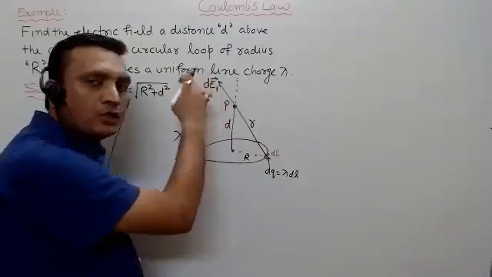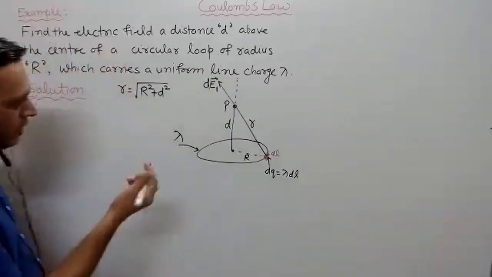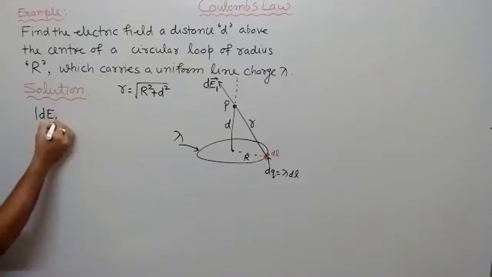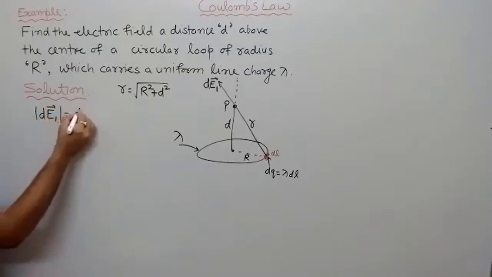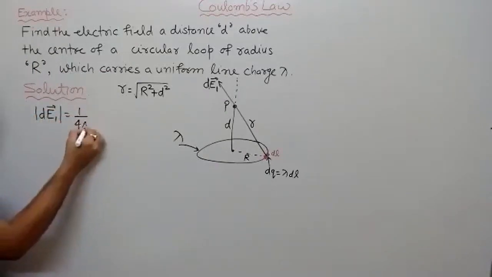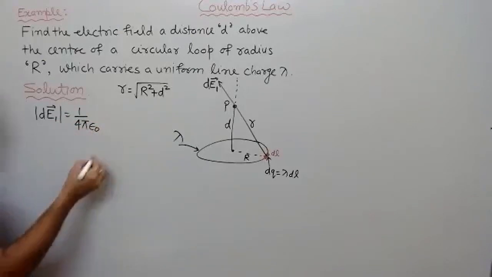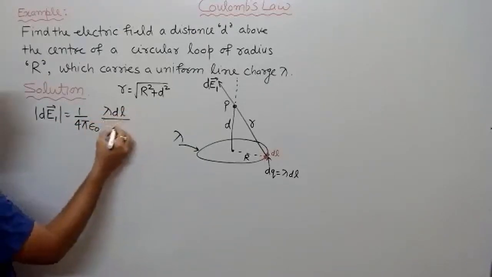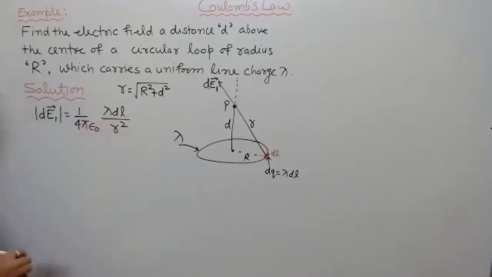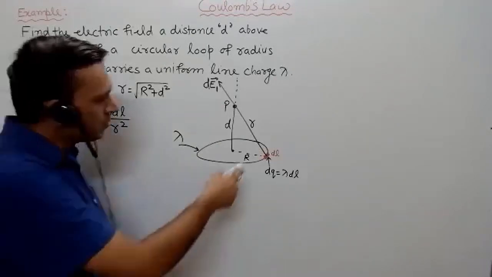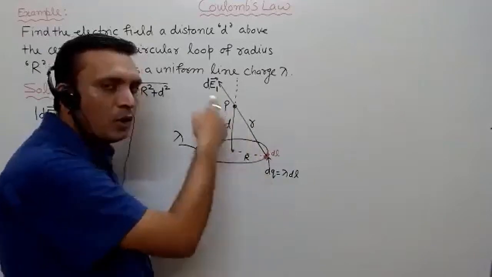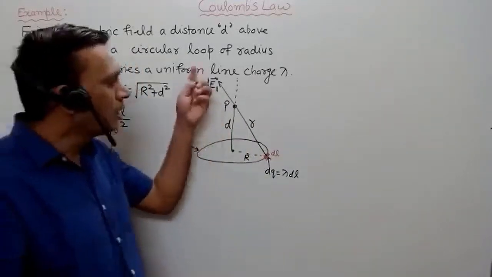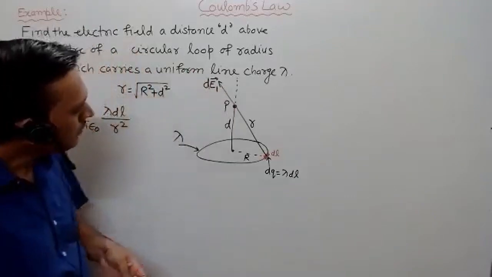So we have to find the magnitude of dE1. You can easily write from Coulomb's law, the magnitude of dE1 will be 1 by 4 pi epsilon naught, lambda dl by small r square, dq by small r square. This distance is small r. So this is the magnitude of electric field dE1.